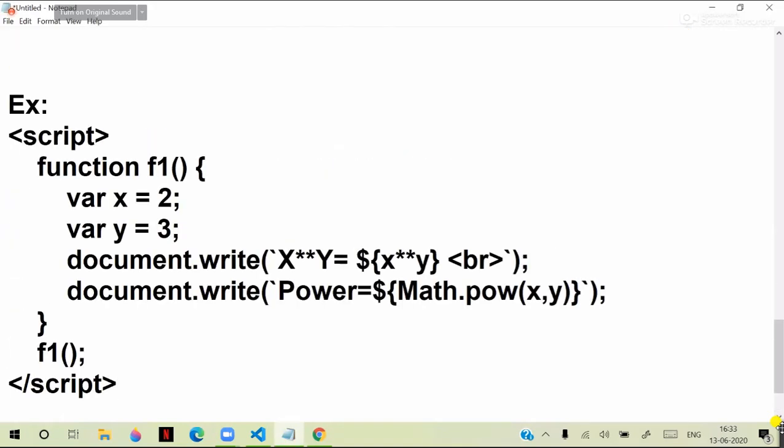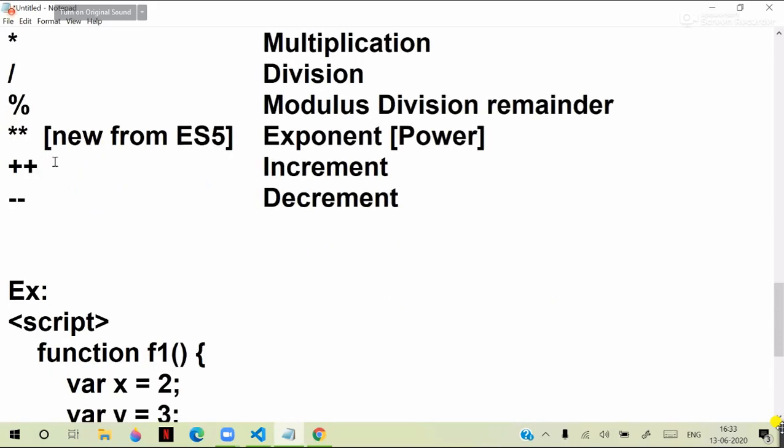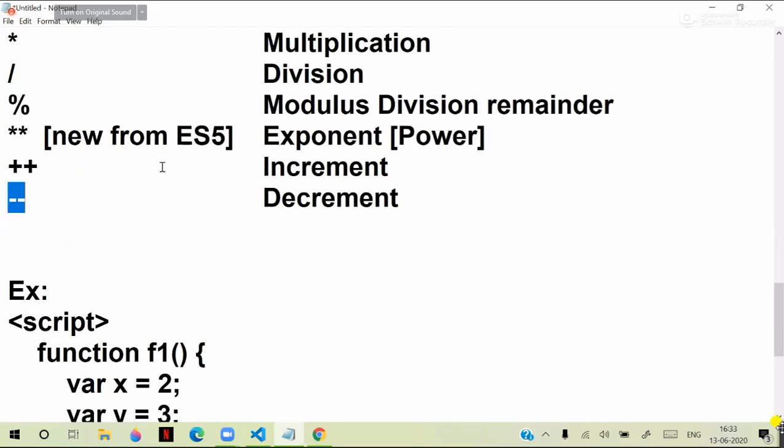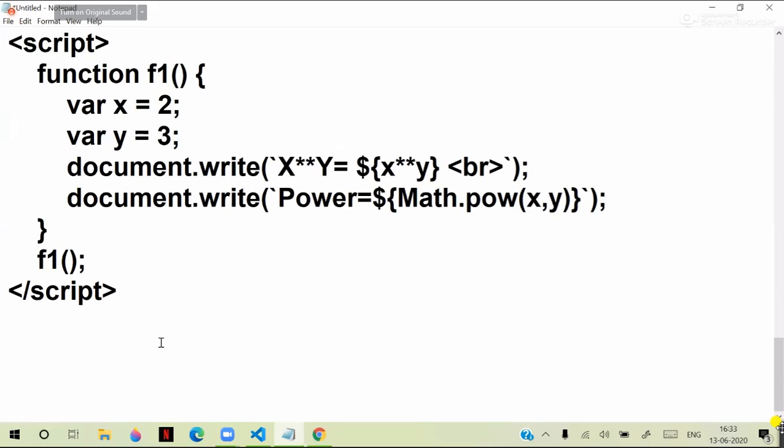That is one. Another important operator we need to know is about increment and decrement operators. Already in our previous example, we learned plus plus and minus minus, increment and decrement.